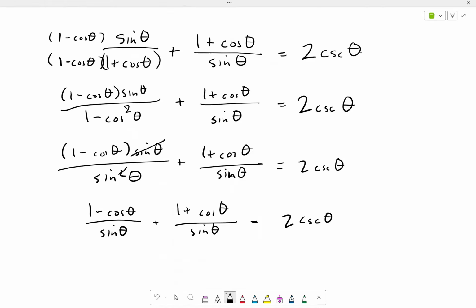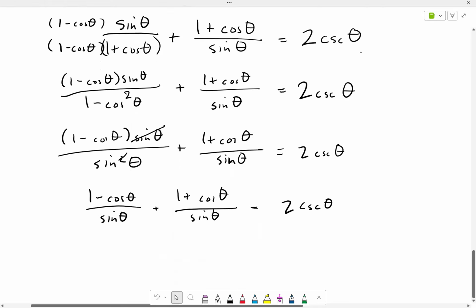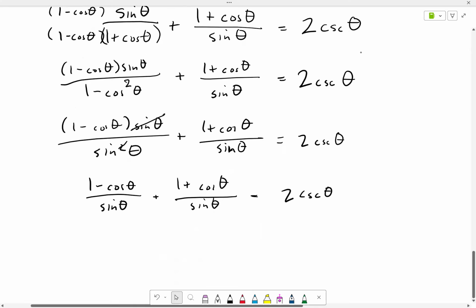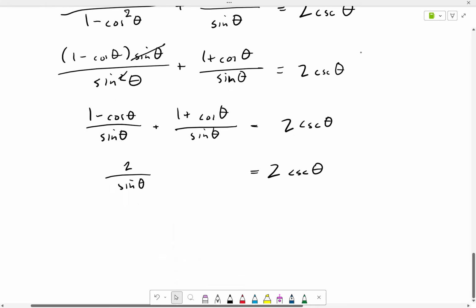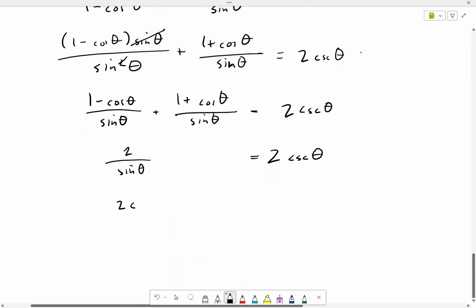And now we have a common denominator, don't we? And when we add the numerators, we get... is it the same thing? Yeah, so this is the same thing as 2 times cosecant theta equals 2 times cosecant theta.